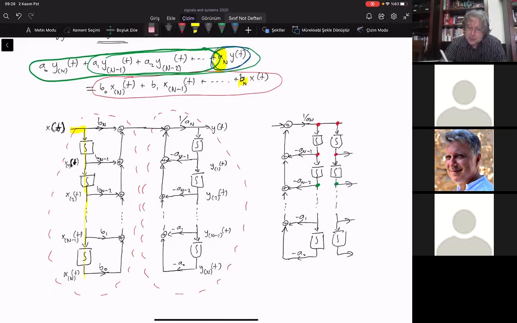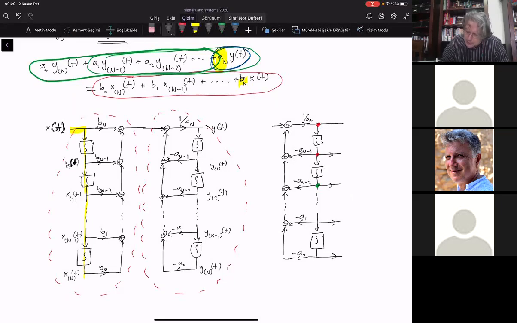So I'm going to erase them. We don't need these. We will share the common integrator from the left-hand side, and we will just use their outputs like this.